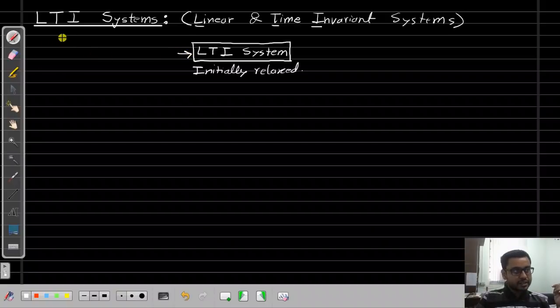Suppose that input looks like this: zero, one, one.